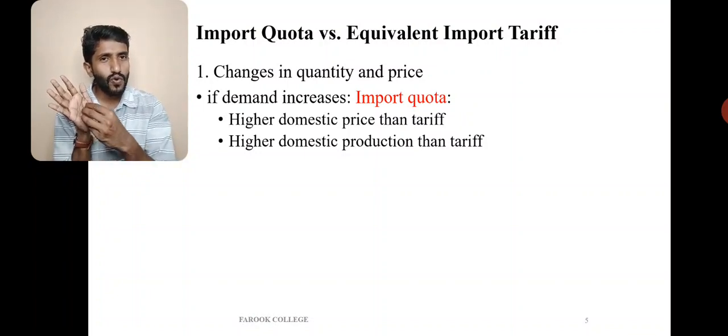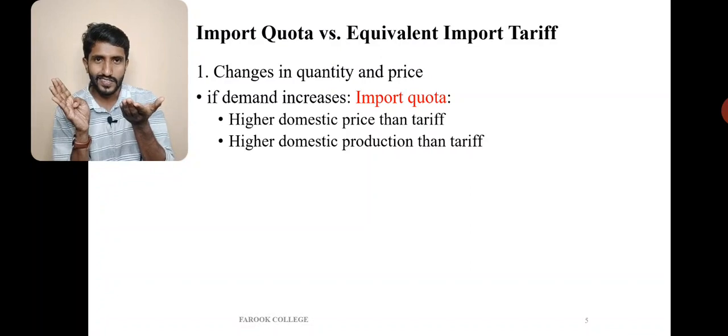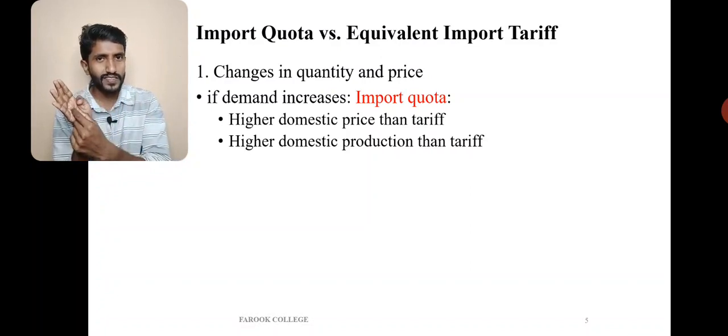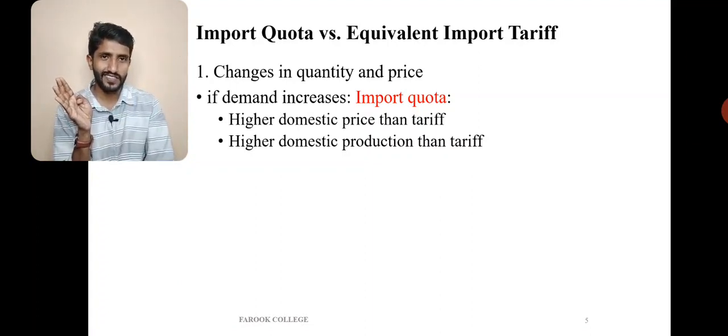Then automatically what will happen to the demand? The demand will increase, but there are only limited products, so the demand for the TVs will increase. If the demand increases, automatically the price also will increase. So if you are making an import quota, demand for that product will increase and price also will increase.